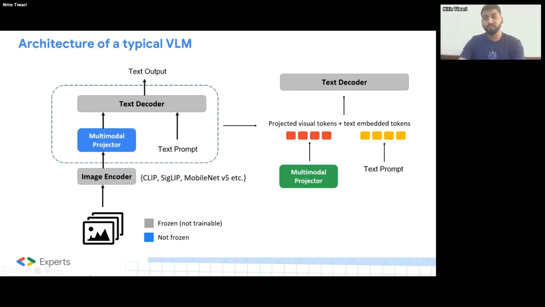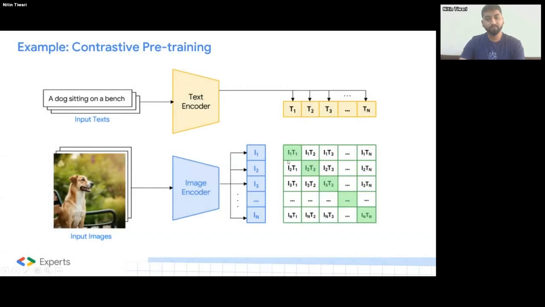So this is how a VLM looks like. I1, T1, I2, T2, I3, T3, all these will have values 1. It's just an identity matrix, you can call it, and the rest of the elements will be 0 in my entire matrix if I use the Siglip approach.